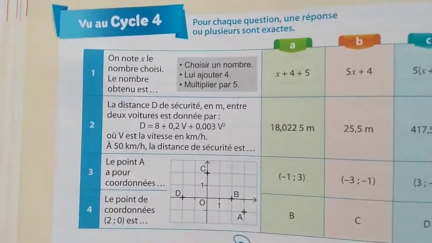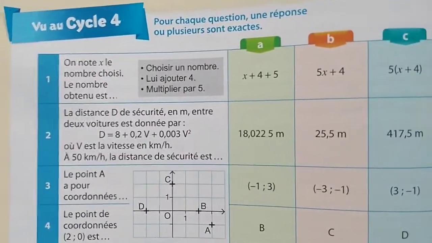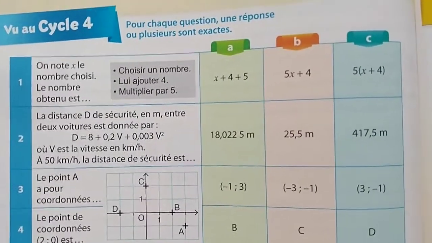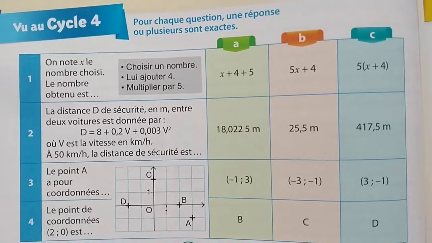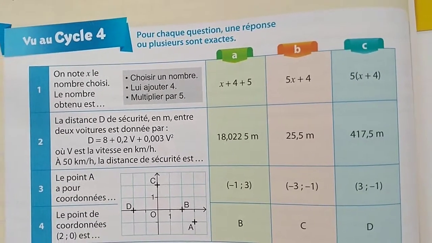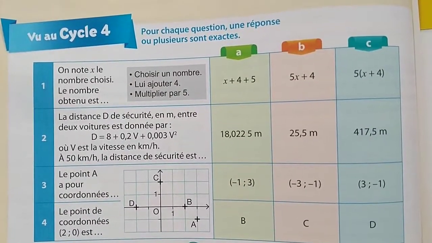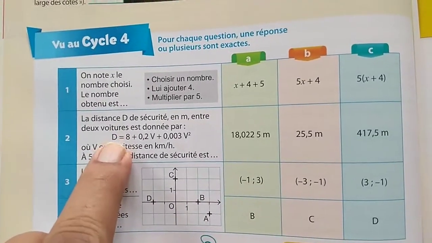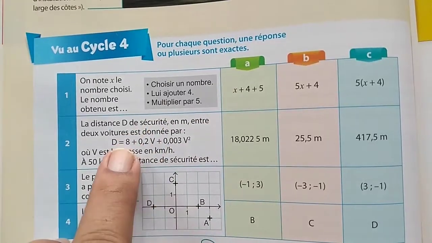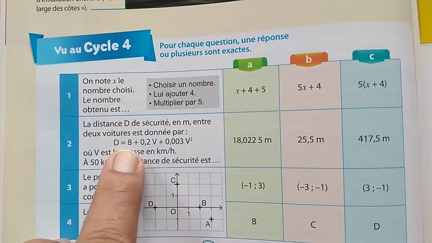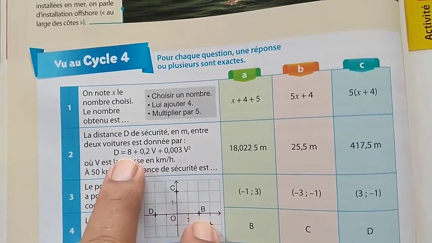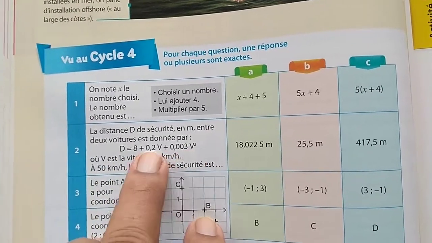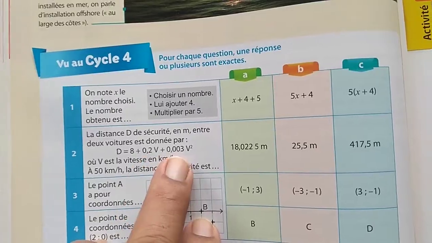What do you mean by safe distance? It means that should one car suddenly stop, the car behind should have enough time to brake and not hit the car in front. So as the speed increases, this distance of safety increases. So this distance of safety, distance de sécurité, is given by this function. So d is the output and v, that is the vitesse of the vehicles, is the input.